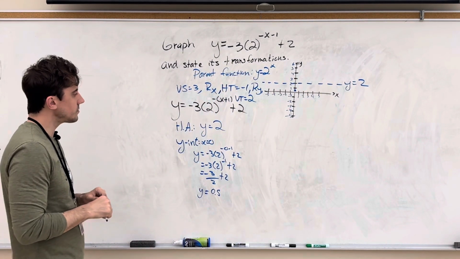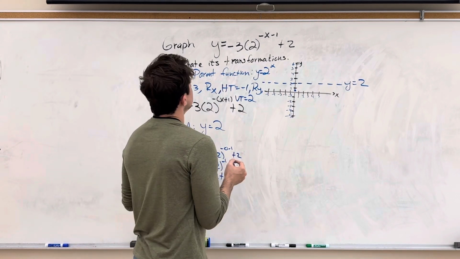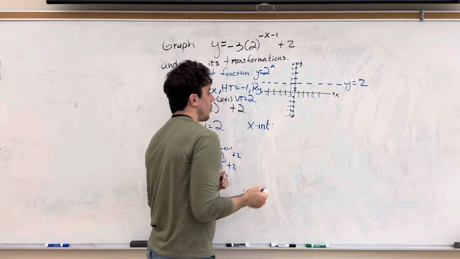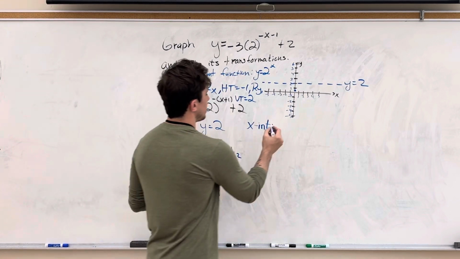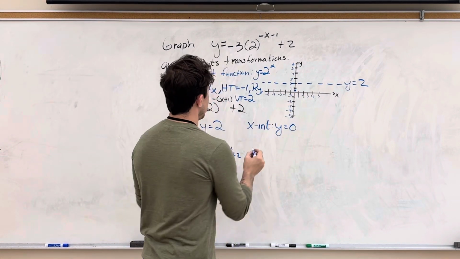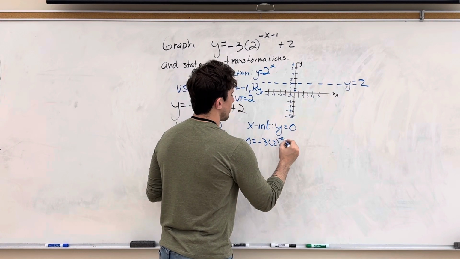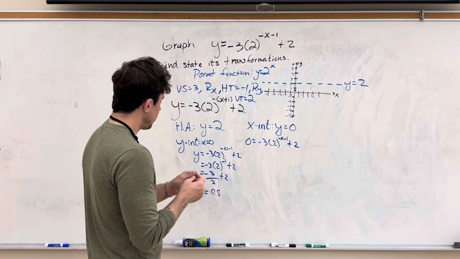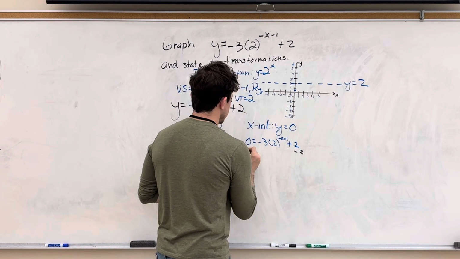Okay. To get the x-intercept, if you have not studied logarithms yet, you won't be able to algebraically find this, but for what it's worth, we'll do it in this video. So we're going to set y is equal to 0, meaning 0 is equal to negative 3 times 2 to the power of negative x minus 1, plus 2. Now, to solve this, we are going to subtract 2 from both sides.